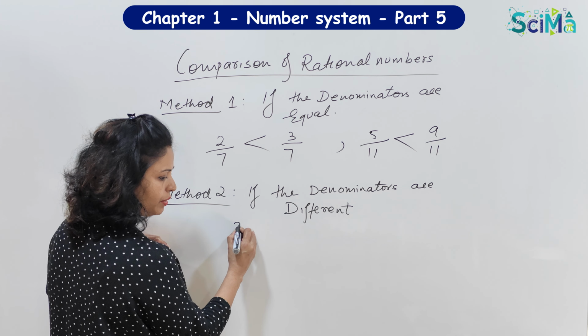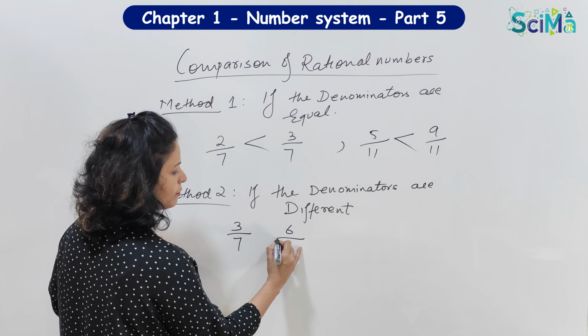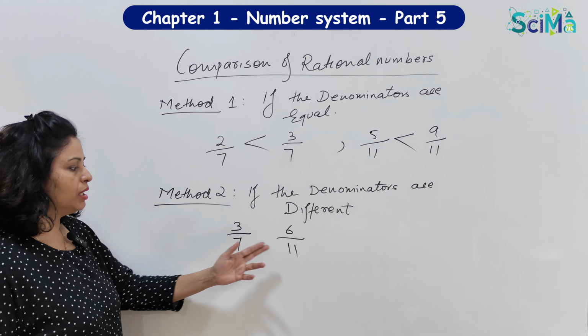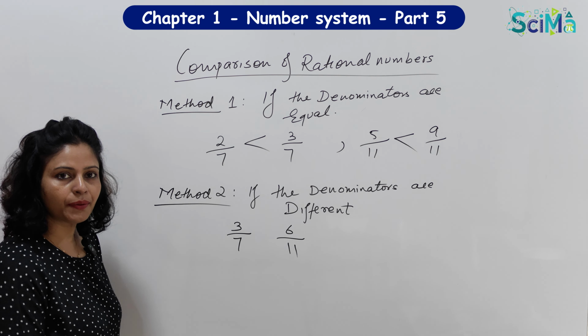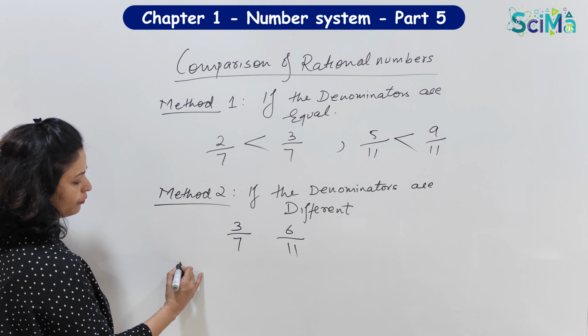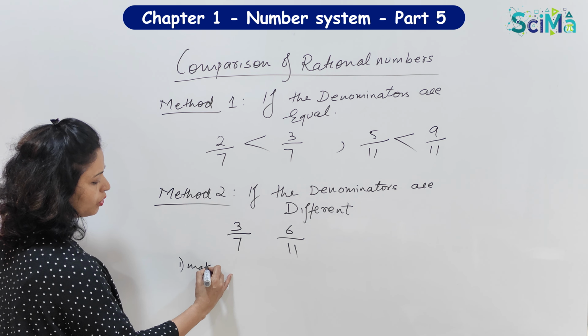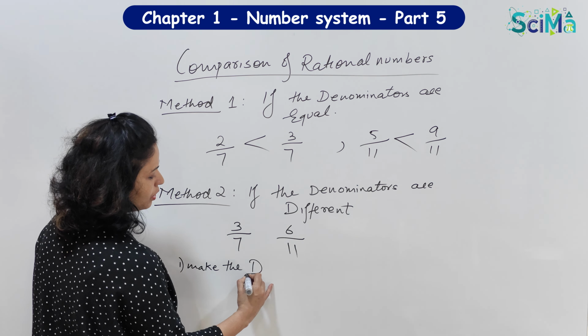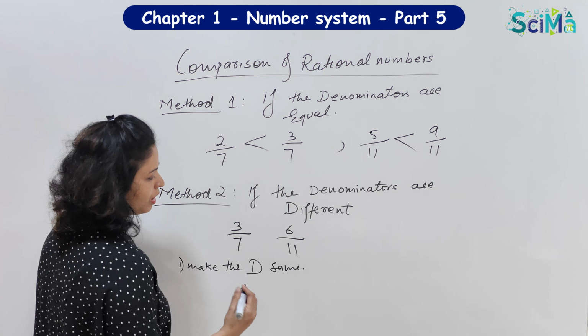Suppose I take an example 3 by 7 and 6 by 11. Here the denominators are different. How do I compare? I will make the denominator the same.